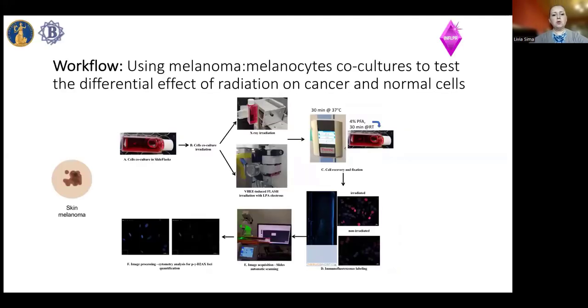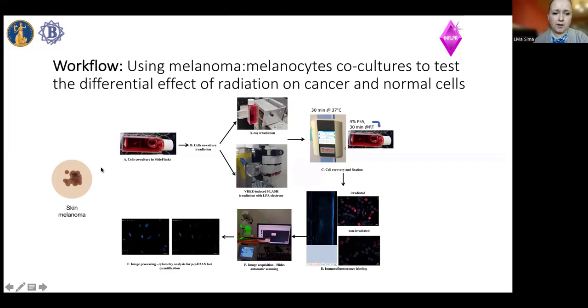So our workflow consisted of using co-cultures of melanoma and melanocyte cells to address the problem of the sparing effect that we want to obtain using flash therapy as opposed to conventional X-ray radiation.